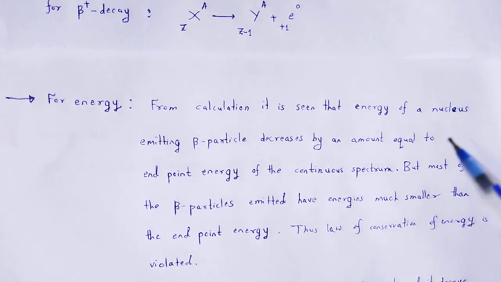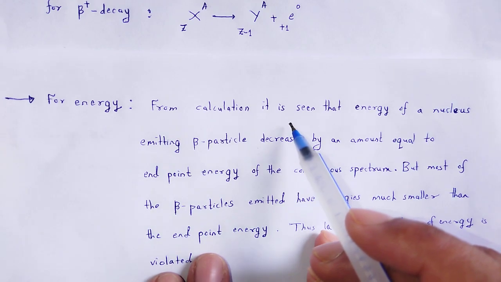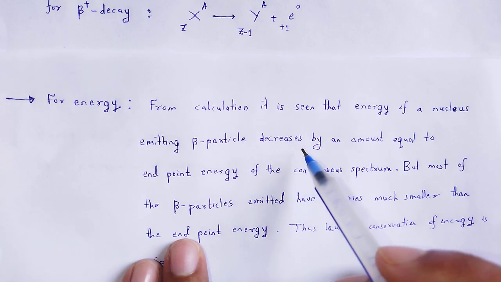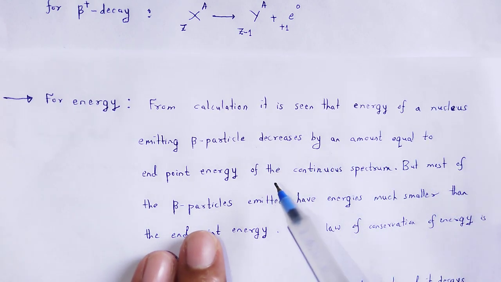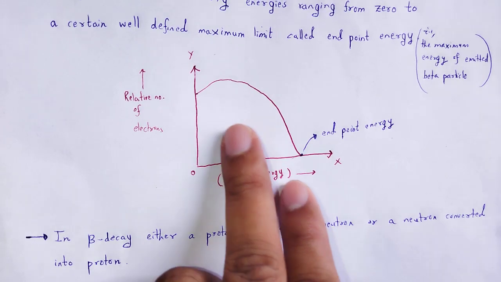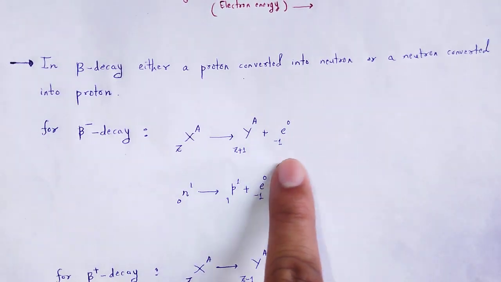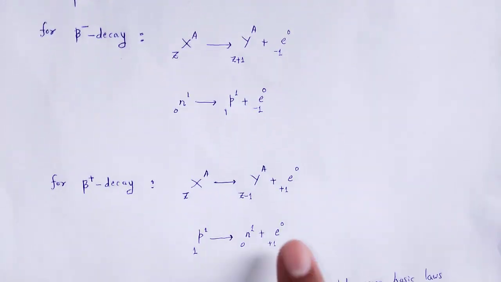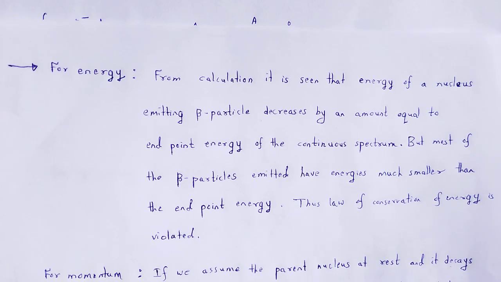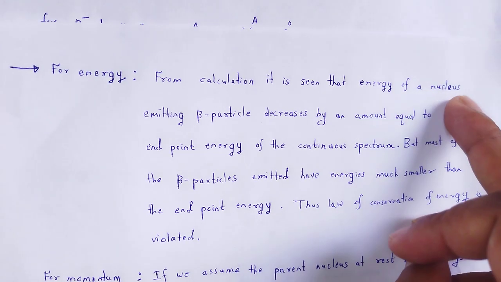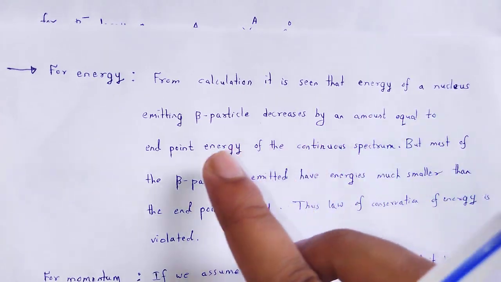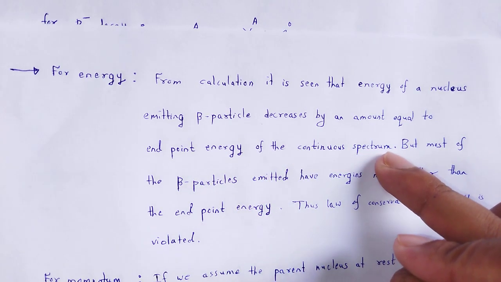For conservation of energy, from calculation, it is seen that the energy of a nucleus which is emitting a beta particle decreases by an amount equal to the endpoint energy of that continuous spectrum. This is the endpoint energy of that continuous spectrum. In the beta decay process, the parent nucleus which emits the beta particle decreases in energy by an amount equal to the endpoint energy of the continuous spectrum.